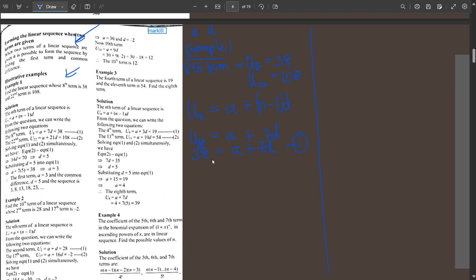The second one, we'll use the 22nd term: a plus 21d. When we substitute this one, which is 108, we put that here. Right, so we can now solve with simultaneous equations.